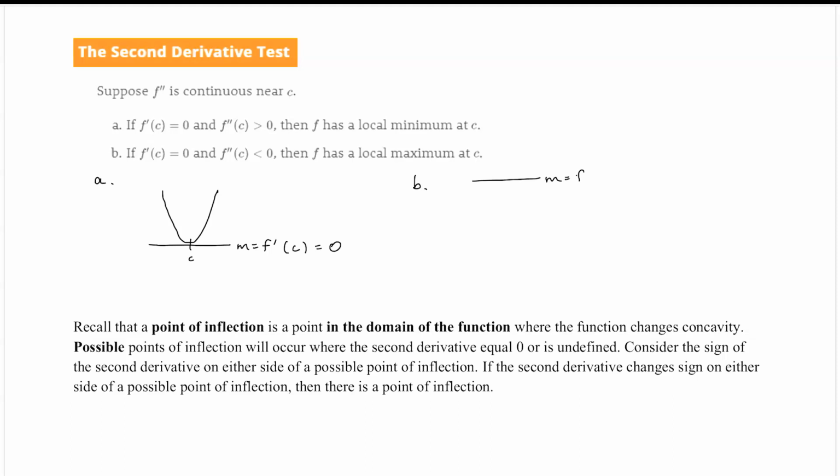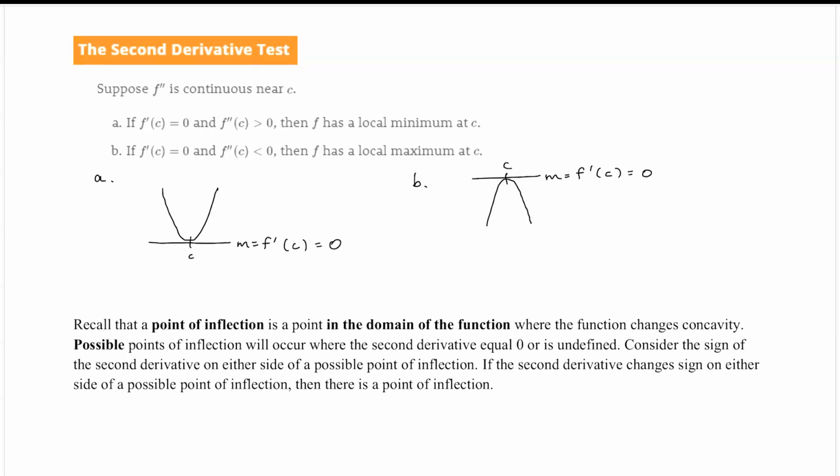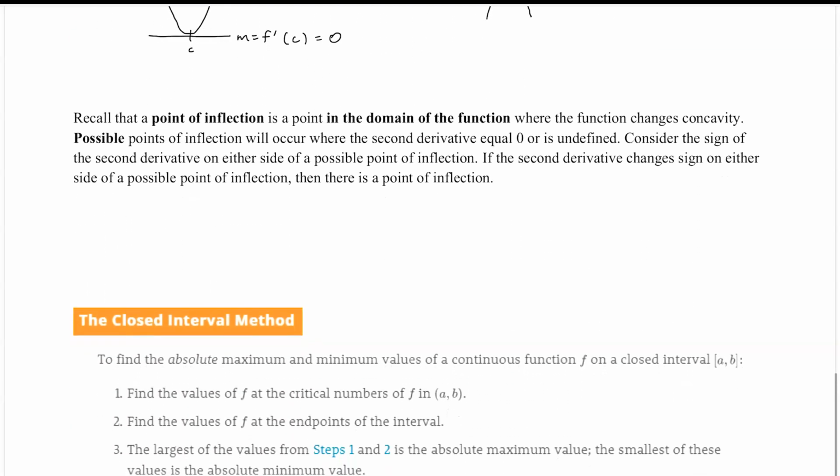Well, if the function is concave up, and you have a horizontal tangent line whose slope is 0, then you must be talking about a minimum. Similarly, in part B, if we have a horizontal tangent line, that is f prime of c is 0, and f double prime is negative, meaning the function's concave down, then it must be that you have a local max at x equals c.